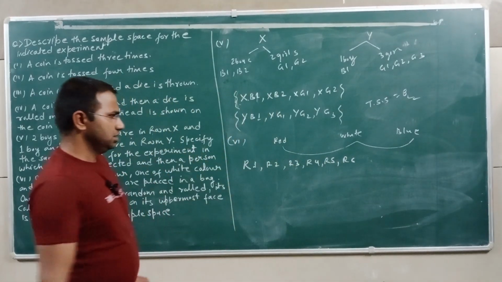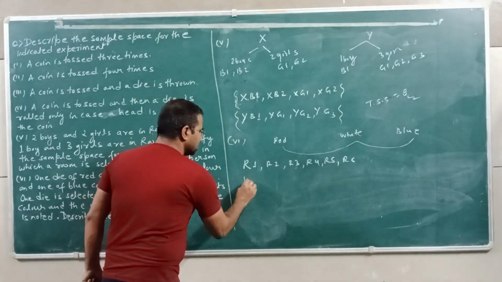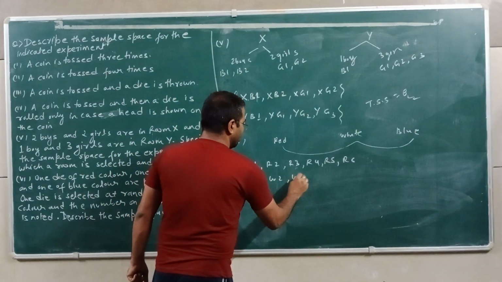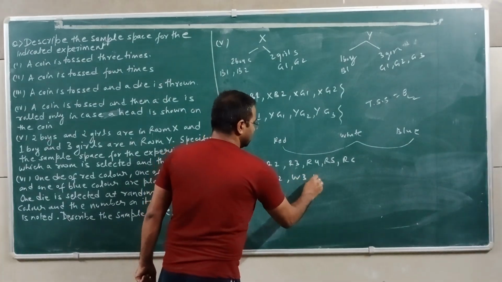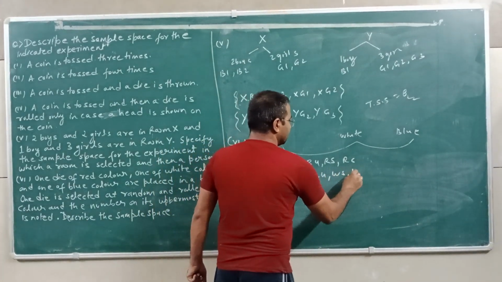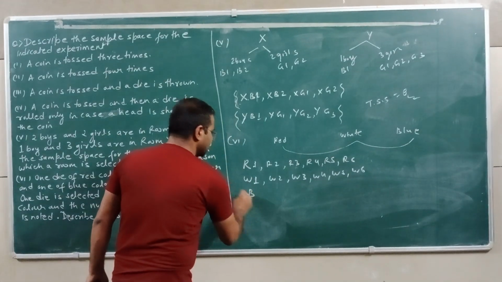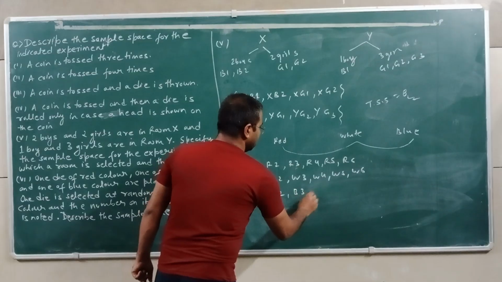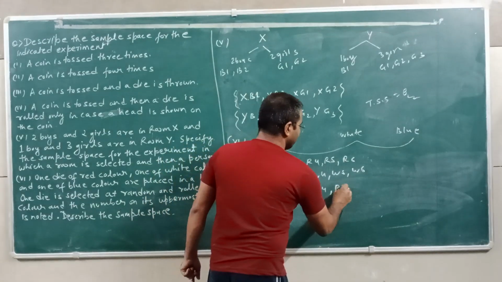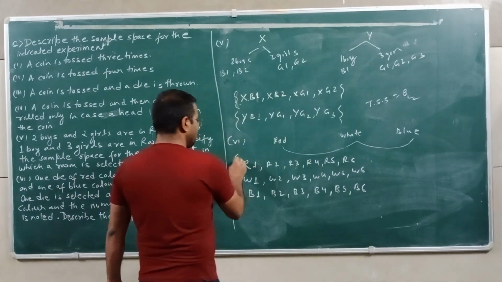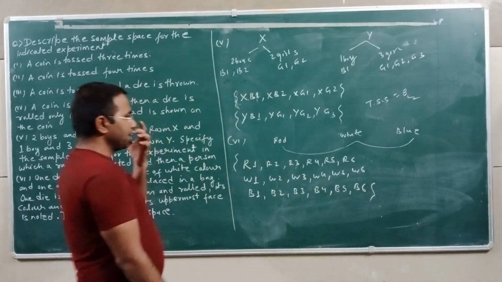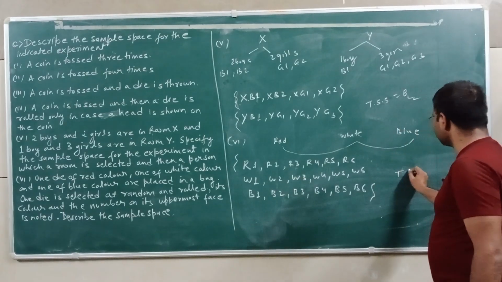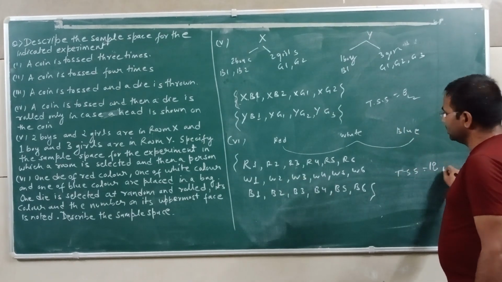So see here, 6 outcomes will come. Now suppose you are selecting white, then W1, W2, W3, W4, W5, W6. Now suppose you are selecting blue, then B1, B2, B3, B4, B5, B6. So see here how many sample spaces there are. Total sample space is 18.